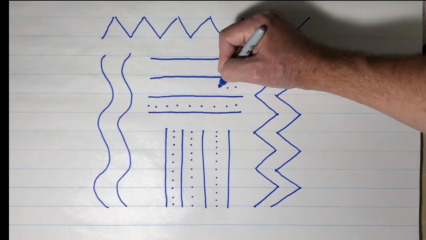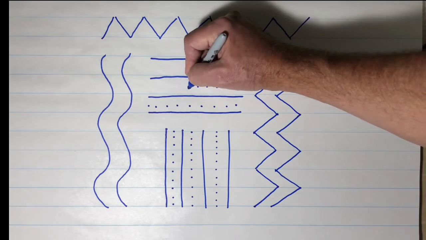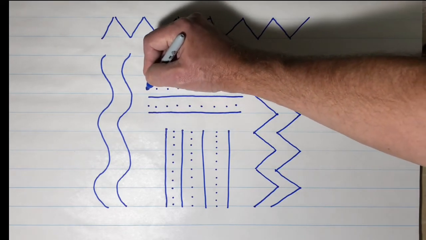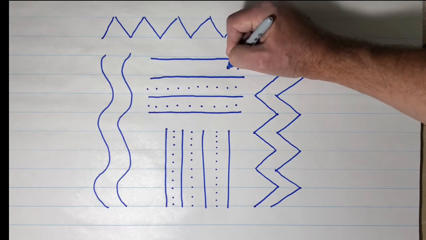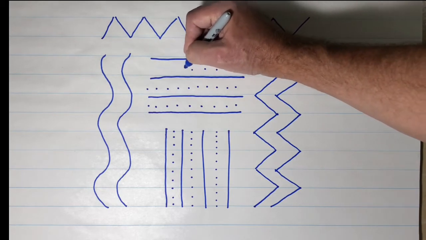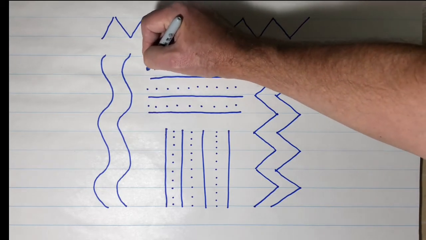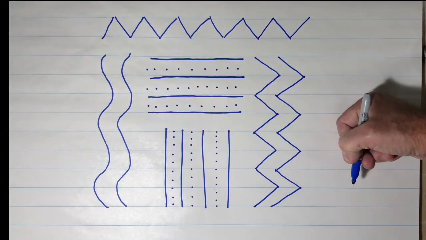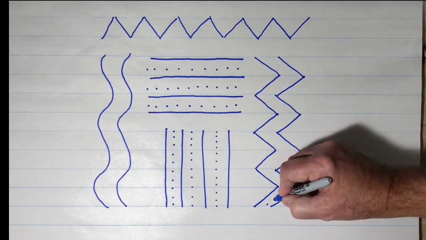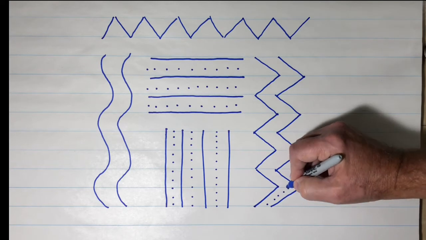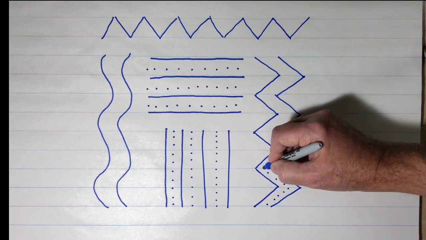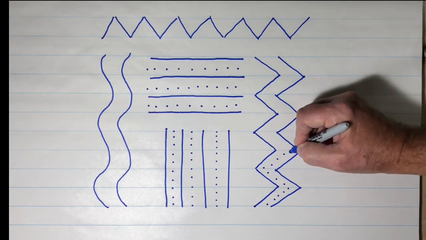And a second dotted horizontal line. We can draw a dotted zigzag line in between the 2 vertical zigzag lines.